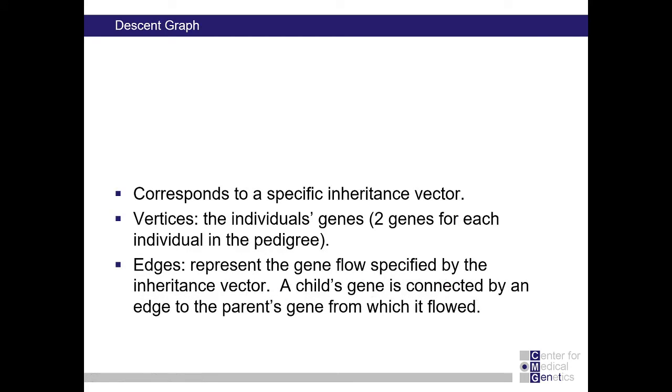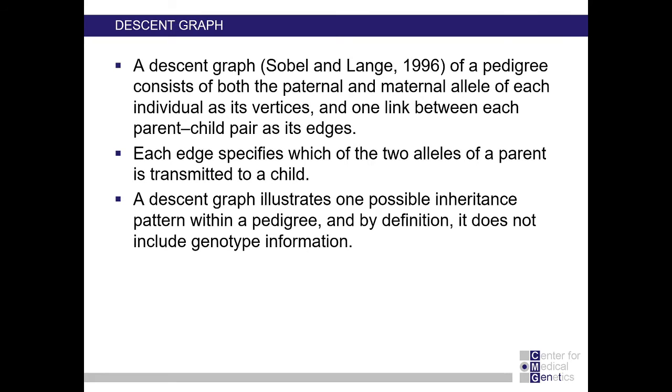So this is the descent graph. It corresponds to a specific inheritance vector. The vertices are the individual genes, two genes for each individual in the pedigree. The edges represent the gene flow specified by the inheritance vector. A child's gene is connected by an edge to the parent gene from which it flows. Descent graph by Sobel and Lange, 1996.